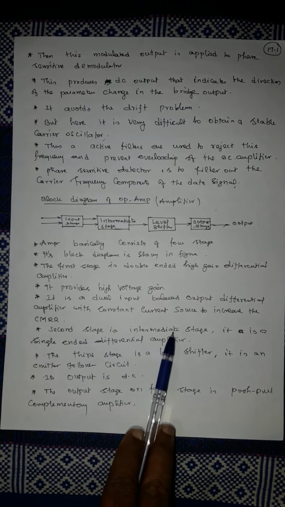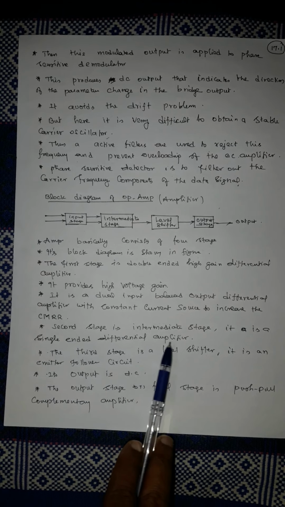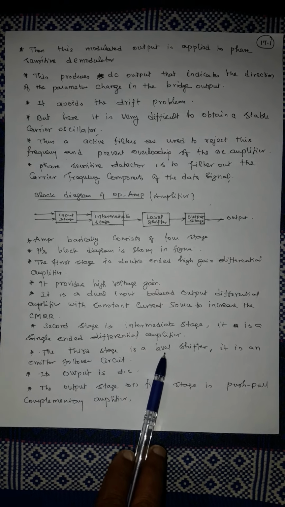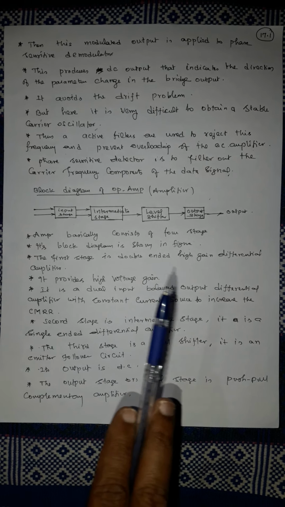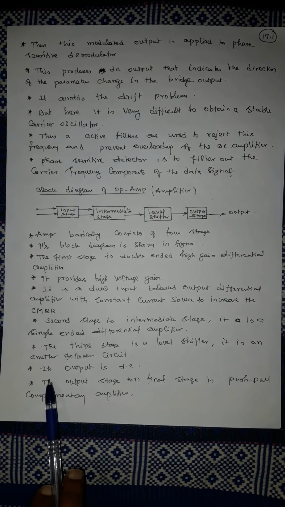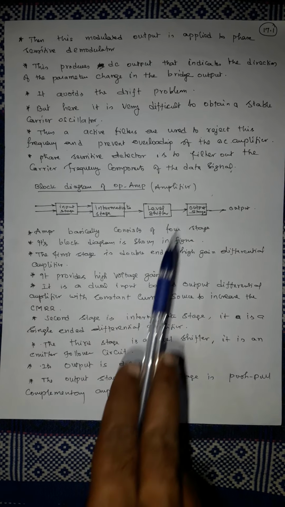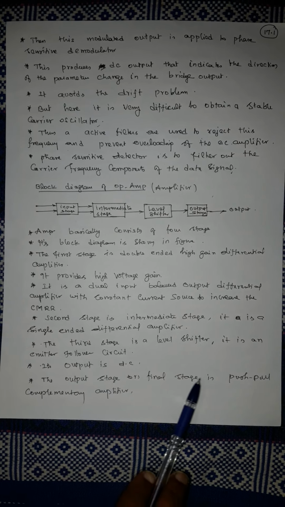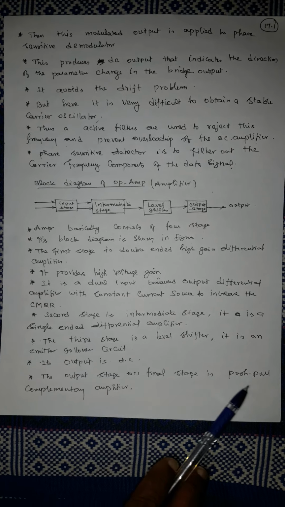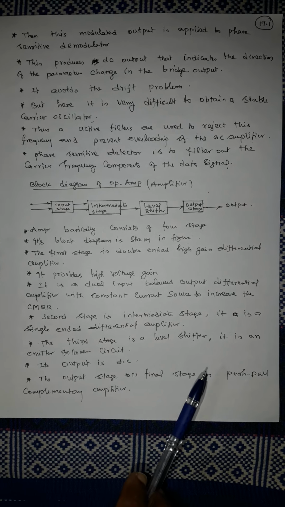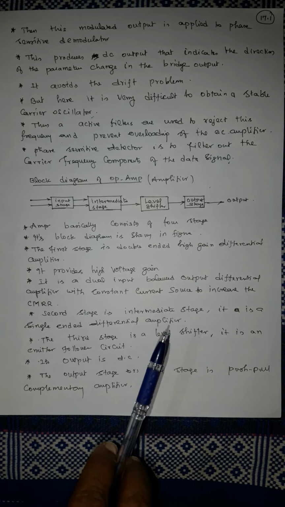The third stage is the level shifter, also an emitter follower circuit. It is also single-ended, and its output is DC. The output stage, or final stage, is a push-pull complementary amplifier. Okay, that's all.